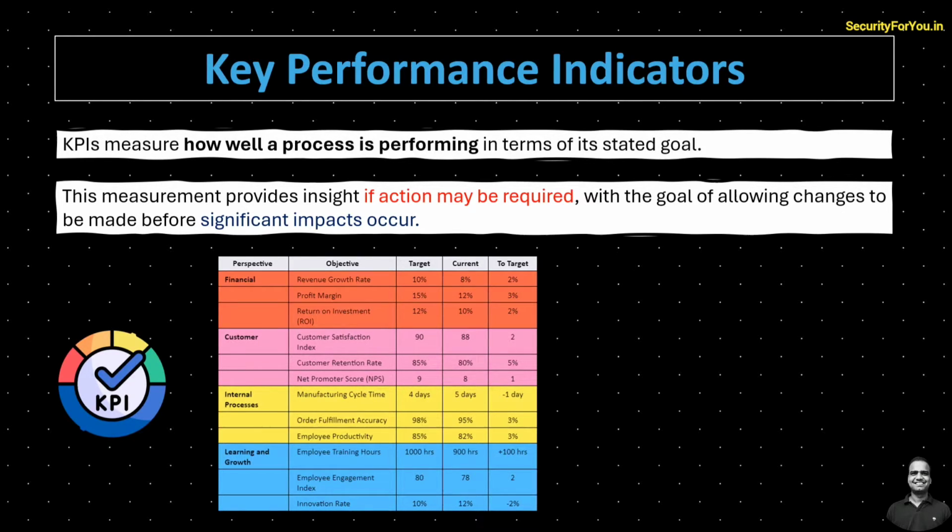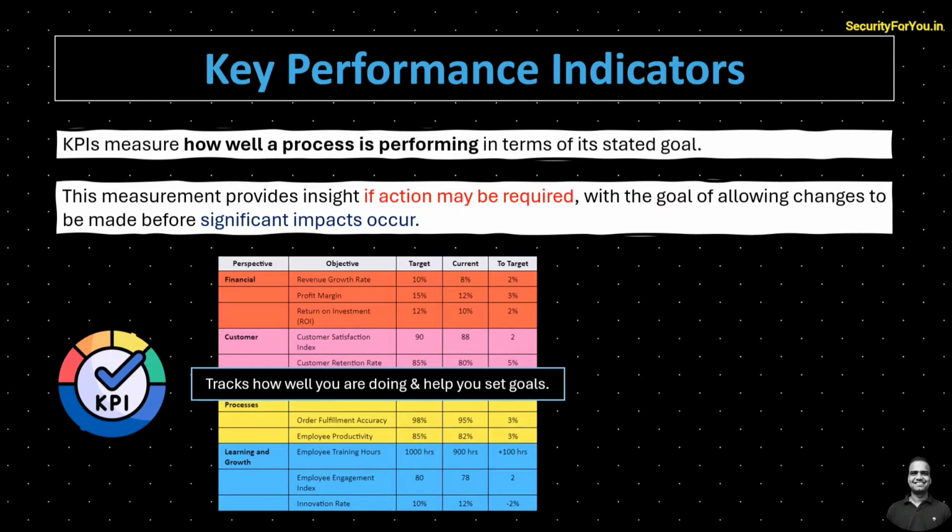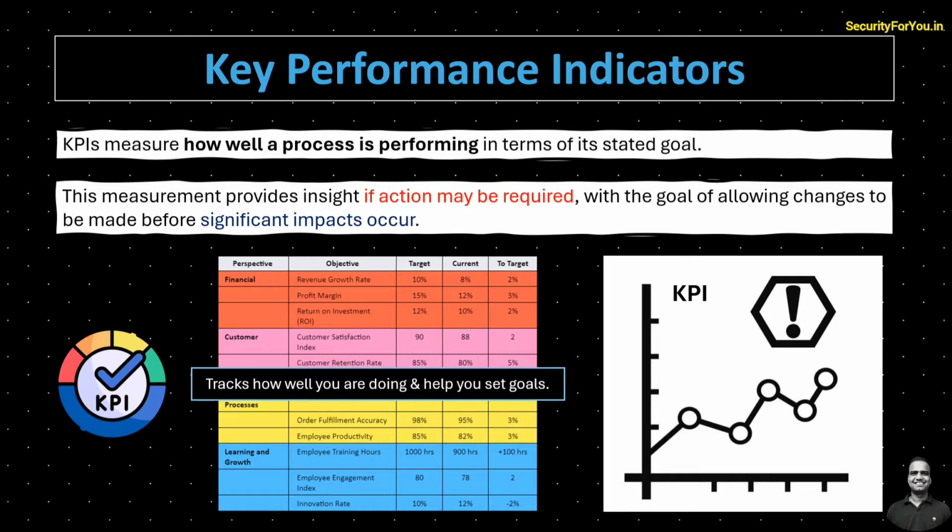KPIs track how well you are doing things like customer satisfaction and help you set goals to avoid future problems like any future security issues. For example, a KPI may indicate that an error rate of 5% is acceptable, which implies that an error rate higher than 5% is unacceptable and requires escalation with some form of response, right?